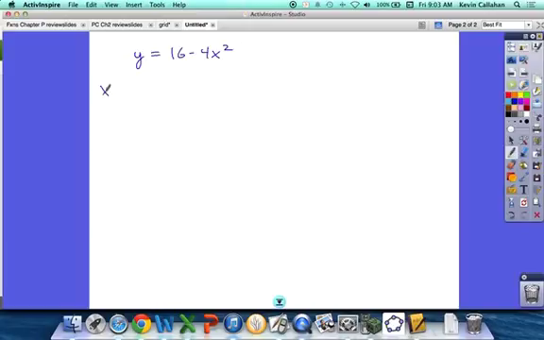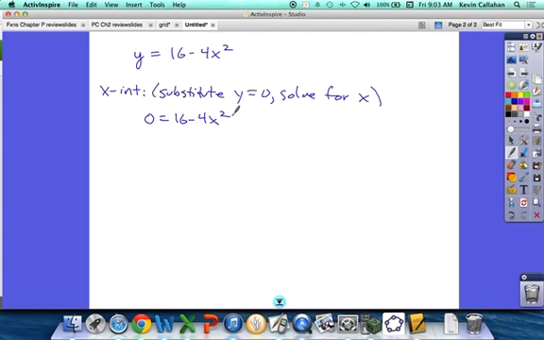Okay, the x-intercept, right, substitute y equals 0, solve for x. So in this case, 0 equals 16 minus 4x squared. Solve.